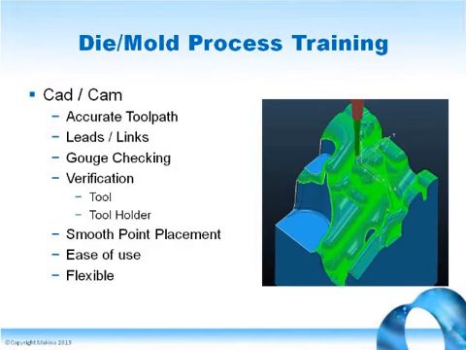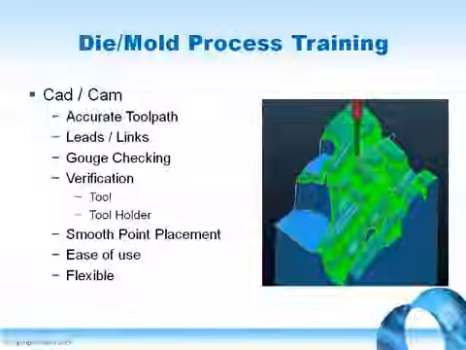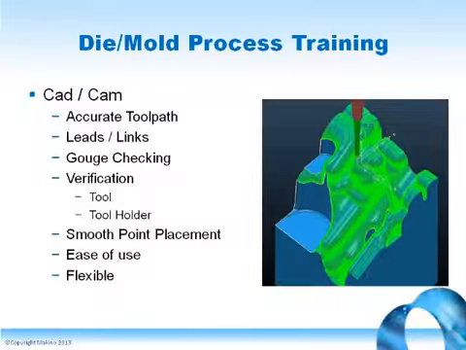We'd like to see a CAM system with a great corner remachine capability, automatic gouge checking, tool collision verification, tool holder collision verification, the ability to have accurate and smooth point placement. This will give us the best results on the Makino machine. A CAM system that should be easy to use.